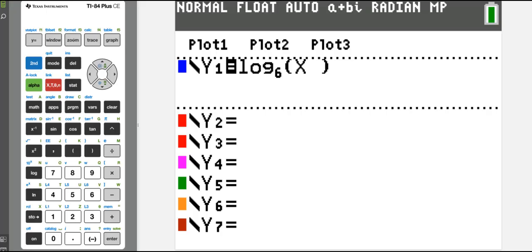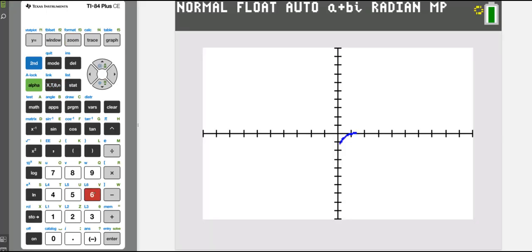And I'm going to do a zoom 6, a zoom standard. Now don't forget that that doesn't just start right there in the midair. It's actually a vertical asymptote at x equals 0. But this will give me points.